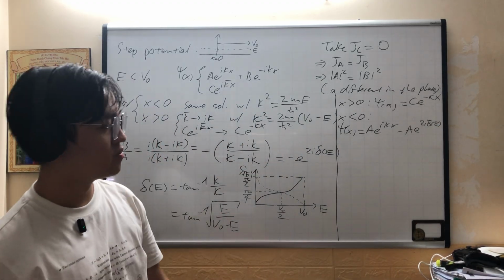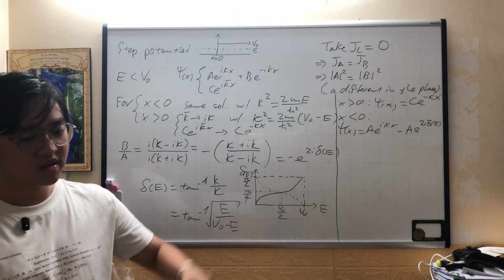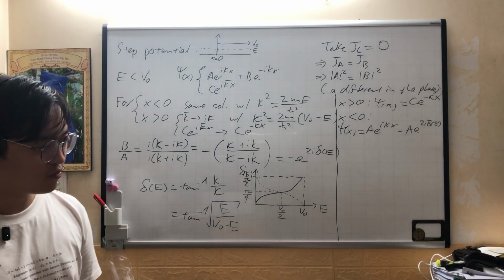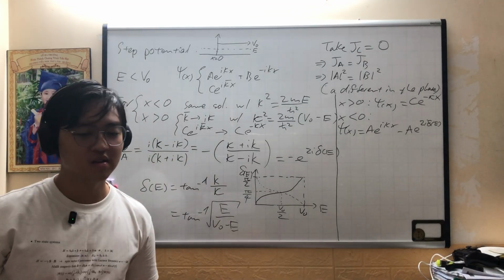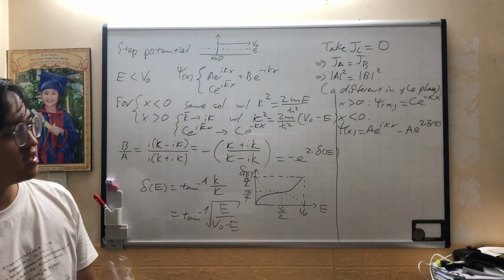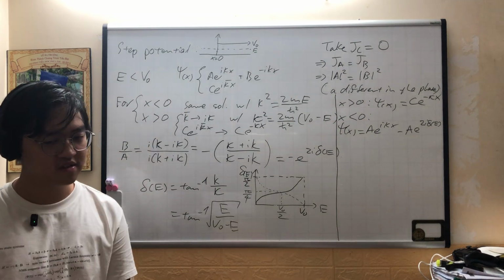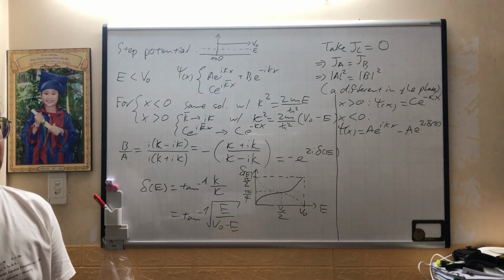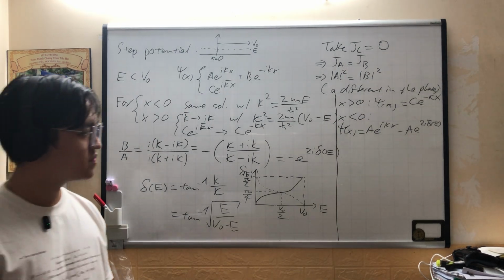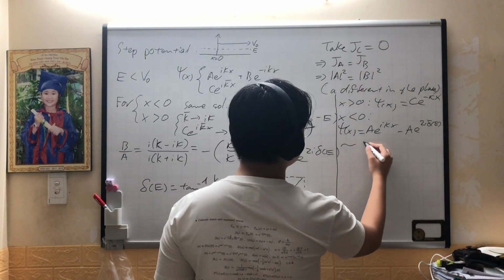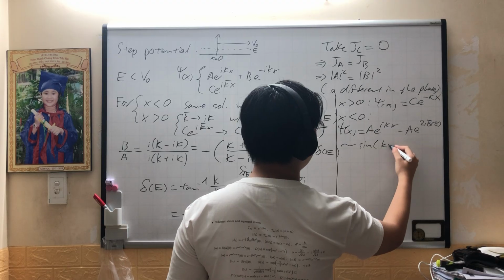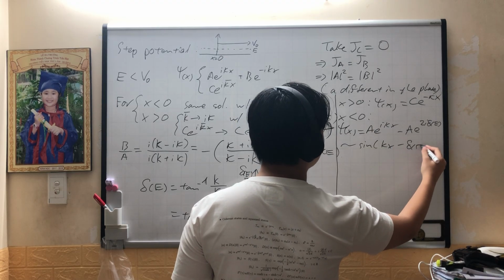So that would be your wave function in the classically allowed zone. And you see that is an exponential minus an exponential. That would yield you a sine. Here's a difference, so that would be proportional to a sine of kx minus delta of e.